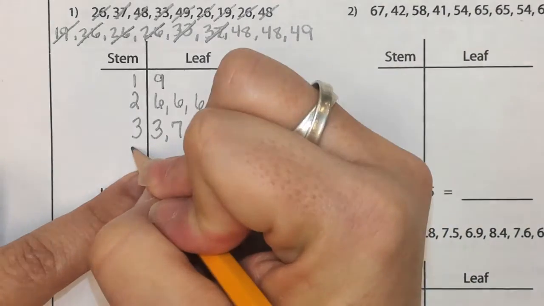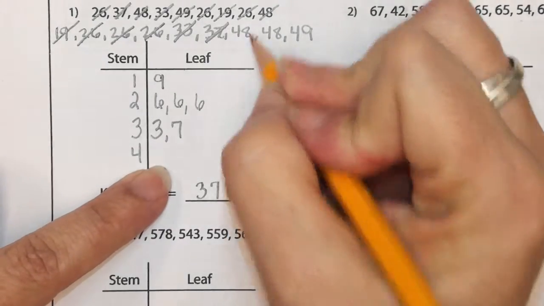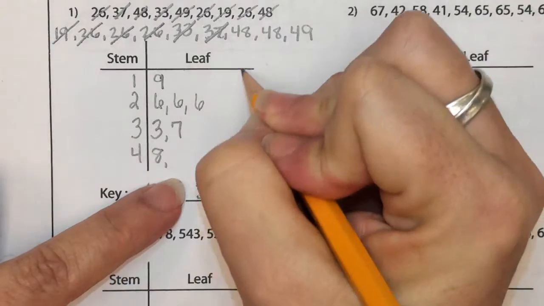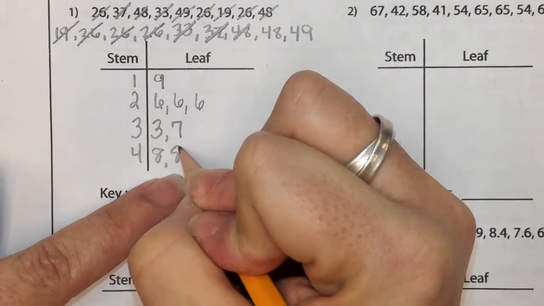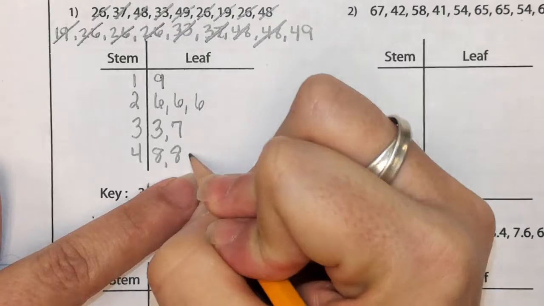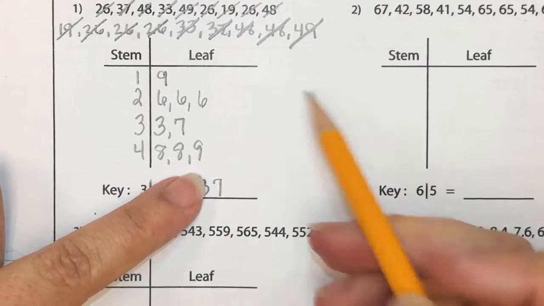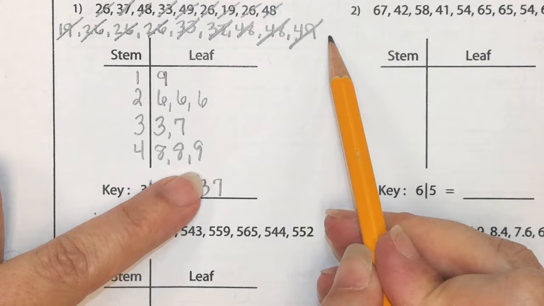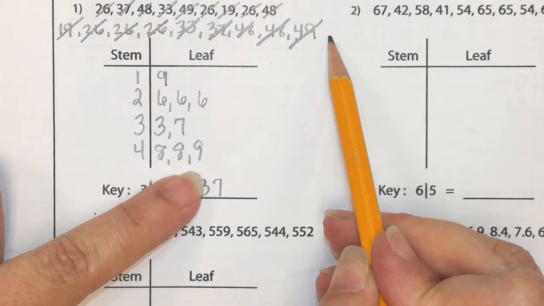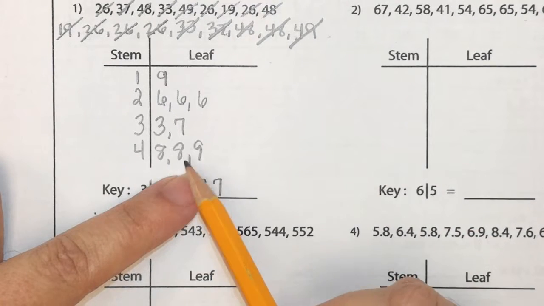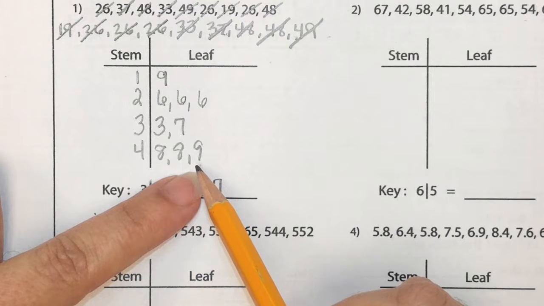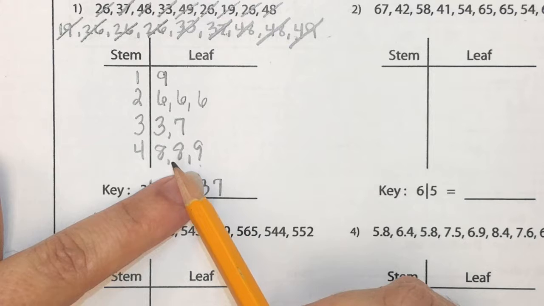Yes, so I need a 4, and then 8 for 48, another 8 for 48, and a 9 for 49. Because there are two 48s and a 49. Yeah, all the 40s go together.